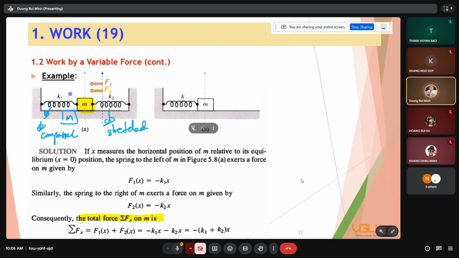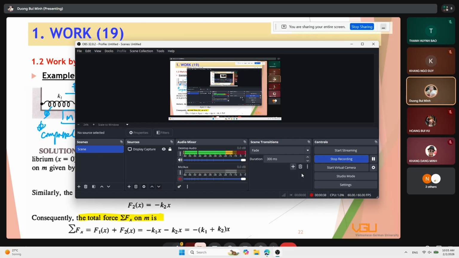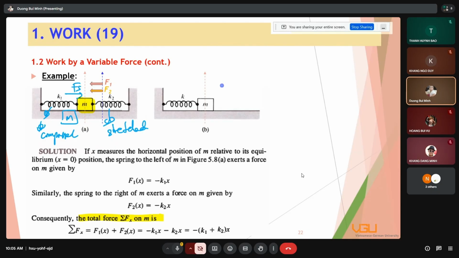So this is compressed, and we can get Fs like this. And this one is stretched, so Fs also like this. Fs1, and this is Fs2, right?